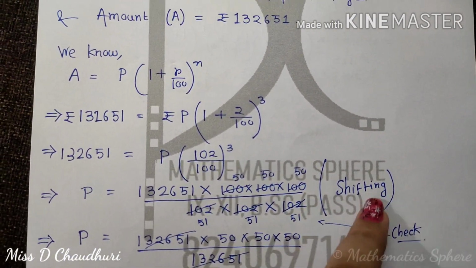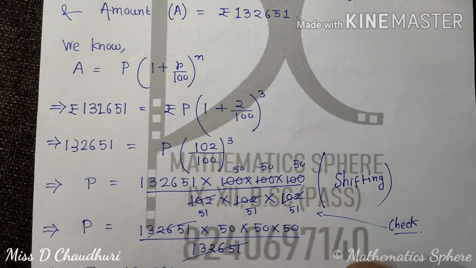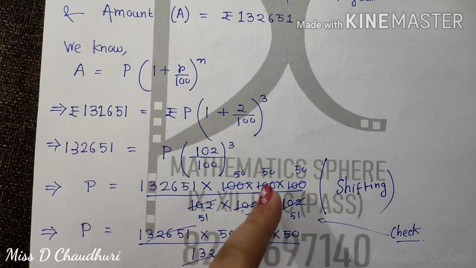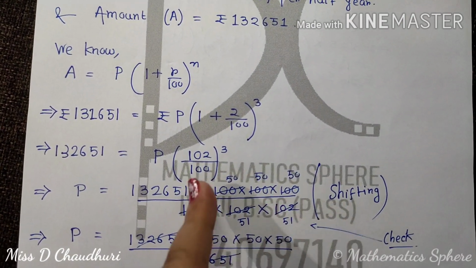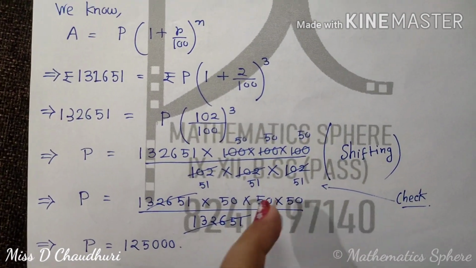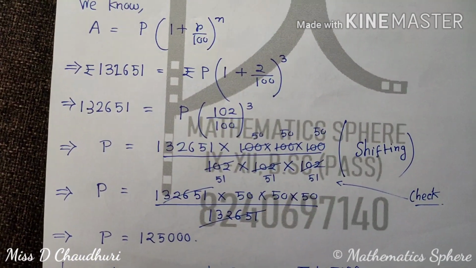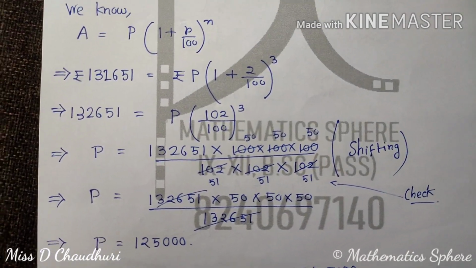I hope you got it. Just shifting is done. Be careful here, see it properly. Now I can see the hundreds and the 102s will be cancelled. I could have cancelled it before also, no problem. Now check, sometimes the P's are actually a good value.